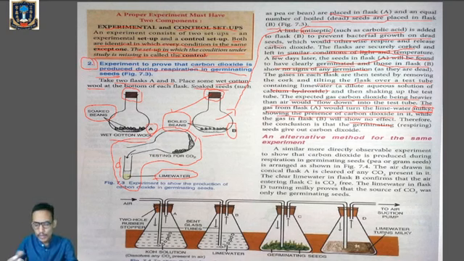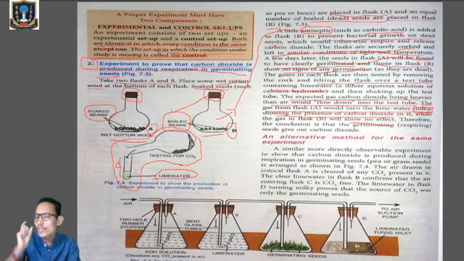So when we are putting the gas from flask A into the test tube that contains lime water, the lime water turns milky. Now, why does lime water turn milky? Because it has come in contact with carbon dioxide. So when the lime water turns milky, it proves that carbon dioxide is released by the germinating seeds due to the process of respiration.